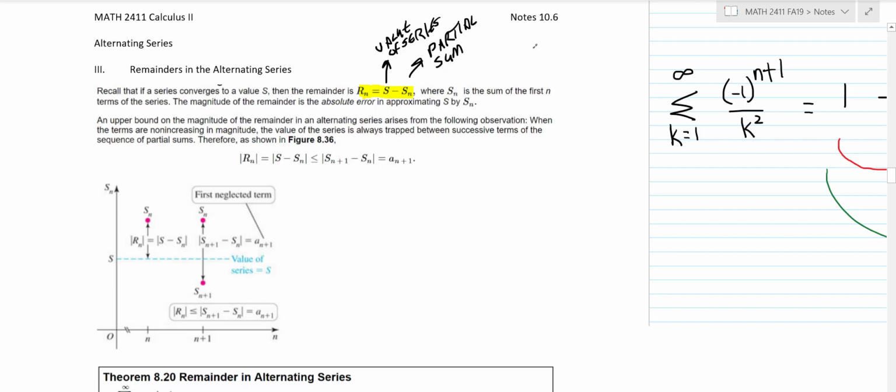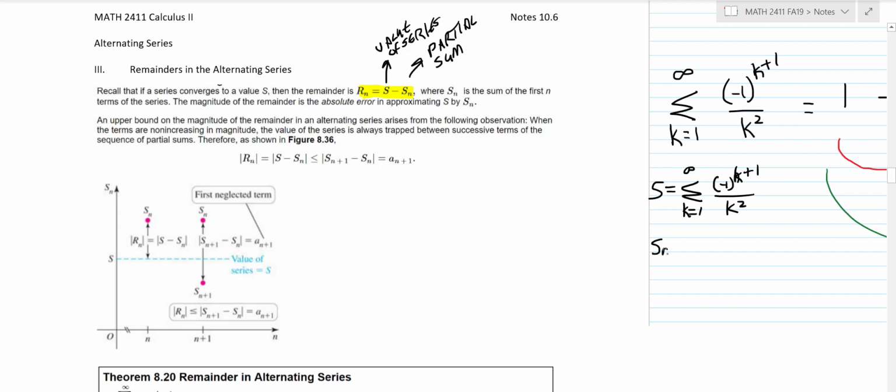So a couple other things, like in this example, S would be equal to the actual sum, k equals 1 to infinity of negative 1 to the k plus 1. I think I got a variable mismatch in there. So I got k plus 1 there. So we got this over k to the second.